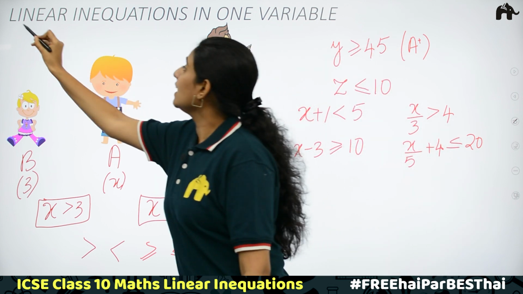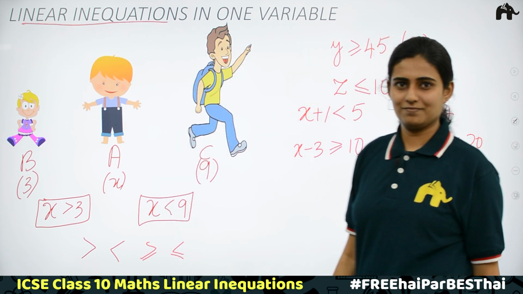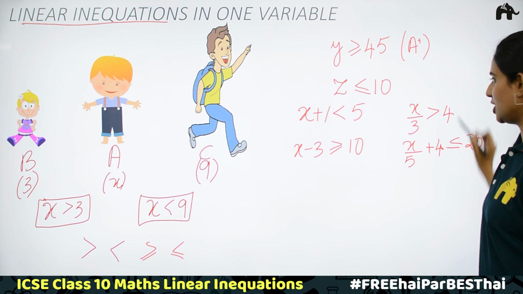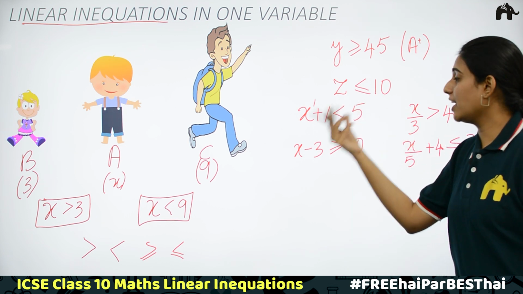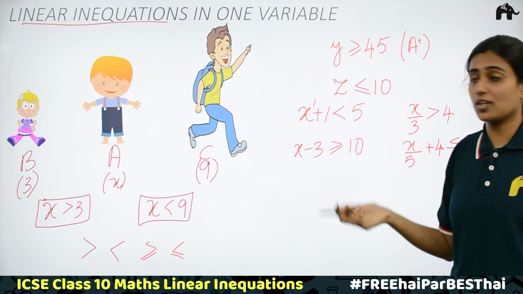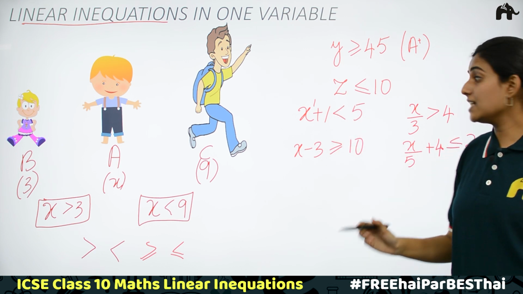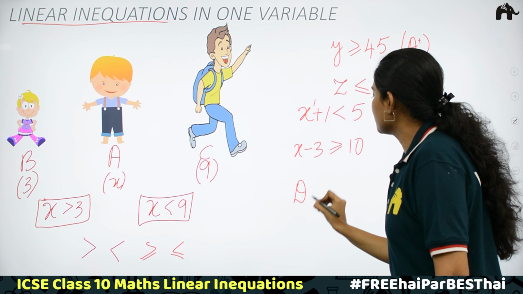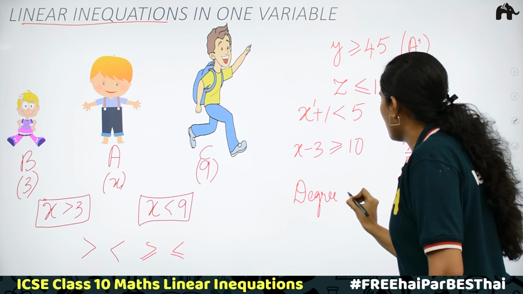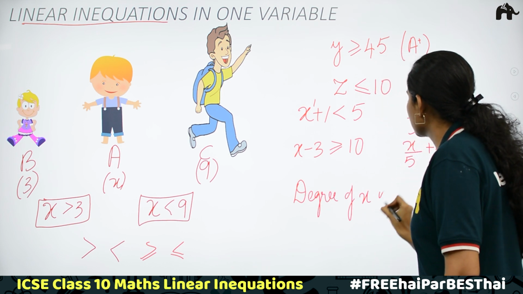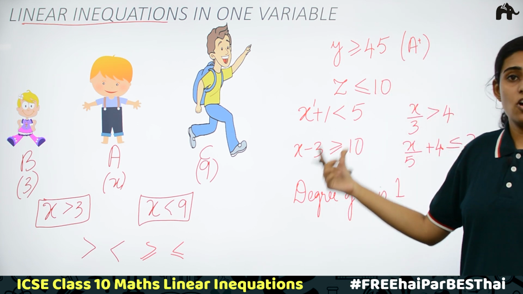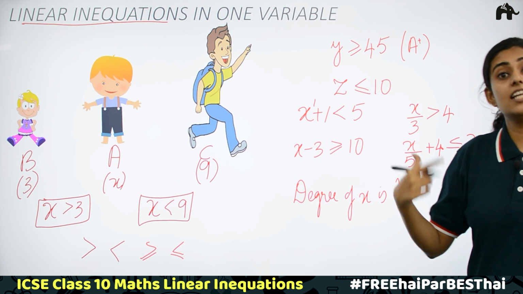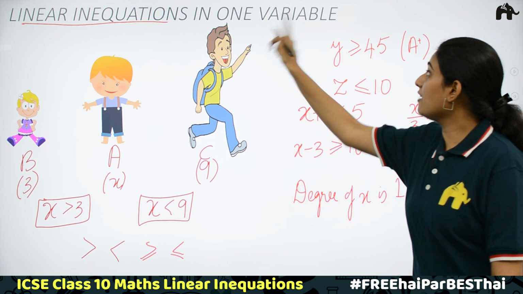Now what does this linear mean? We have linear inequation. In all these expressions, the power of x is 1. It's not x square or x cube or x raised to 4. It is 1. That is, the degree of x is 1. This is why we call all these inequations as linear inequations in one variable.